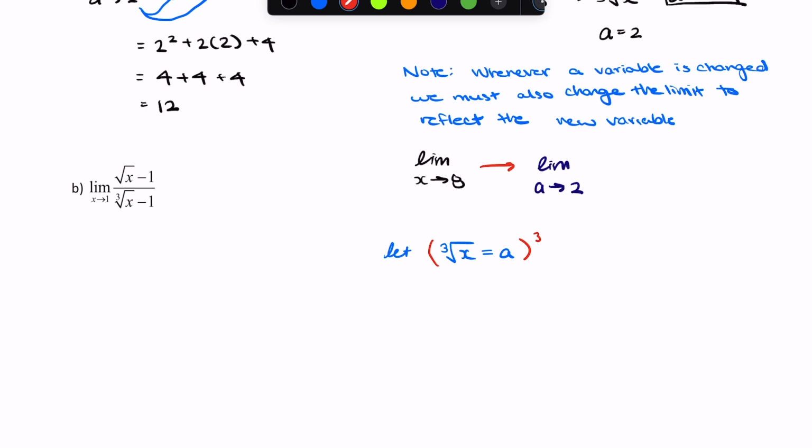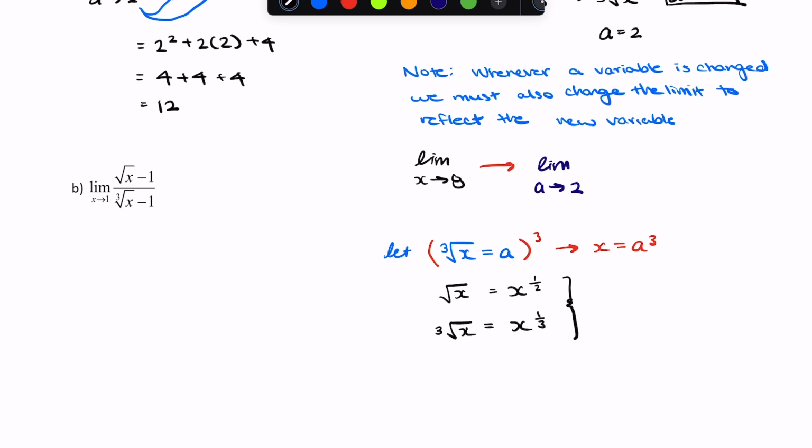If we cube that, then x is equal to a cubed. And the square root of x we can rewrite as x to the power of 1/2, and the cube root of x is equal to x to the power of 1/3.